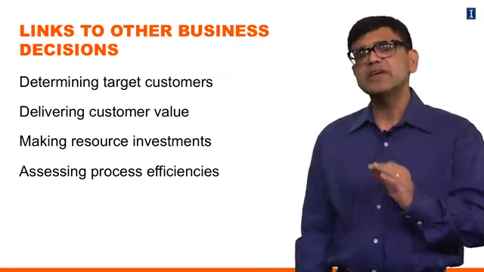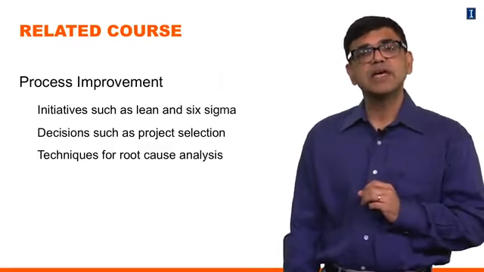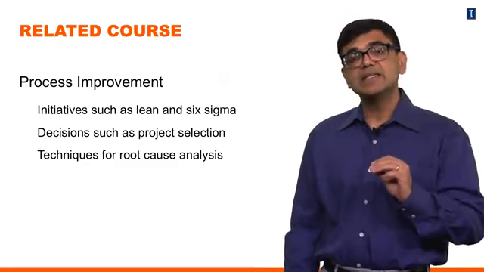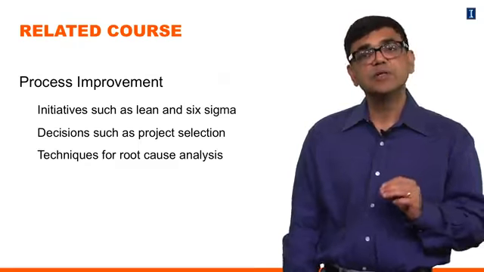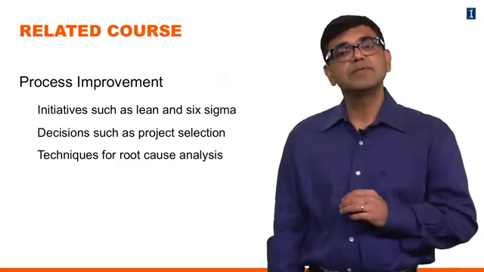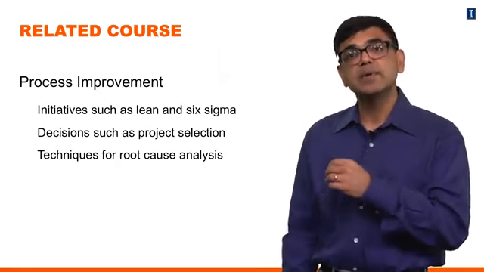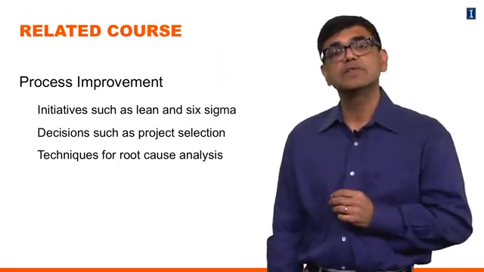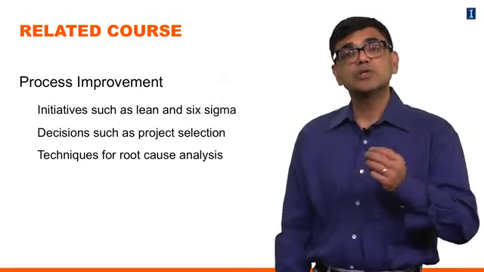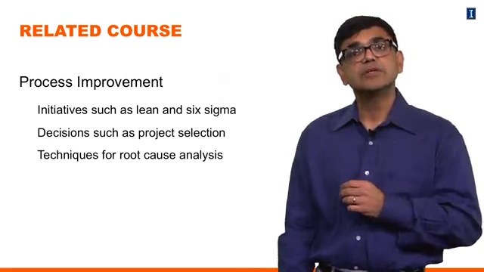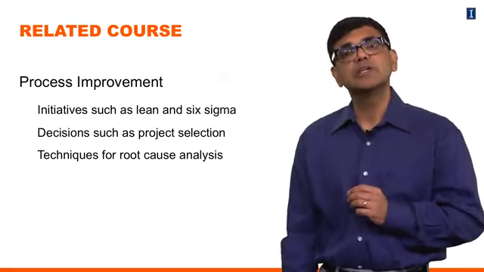And more specifically related to this last point, we have a related course that you can take in process improvement, and that deals with taking some of the things that you've seen in the quality management module and going more in depth into them, using techniques that are used in Six Sigma and Lean process improvement initiatives, making decisions such as where should we be putting our resources in terms of what strategy should we be pursuing from our quality management initiative.